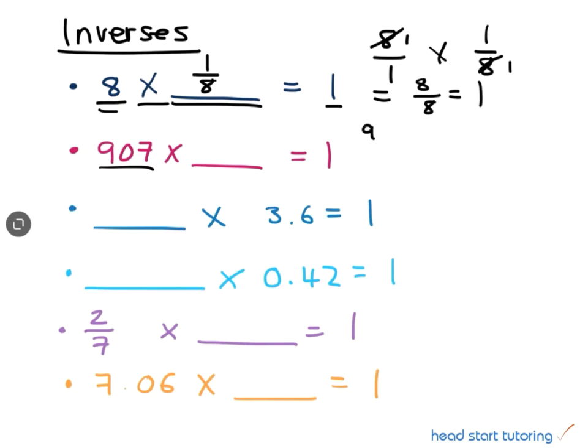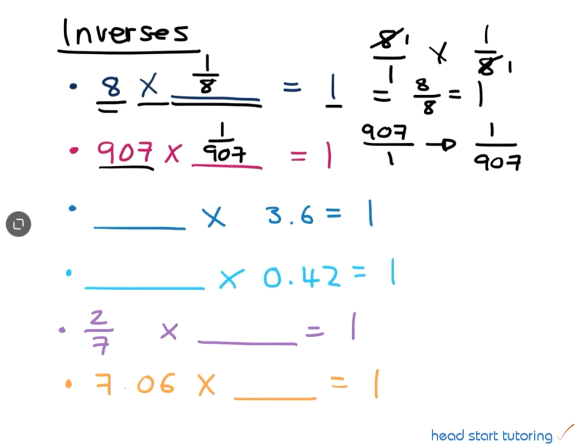Remember that any whole number is just that number over 1, and then you convert that into its inverse, now that it's in fraction form, which is just flipping the numerator and the denominator, so you end up with 1 over 907. So multiplying 907 by 1 over 907 will give us an answer of 1.